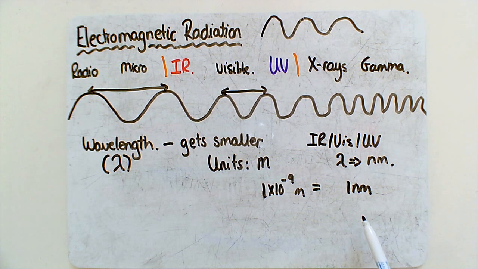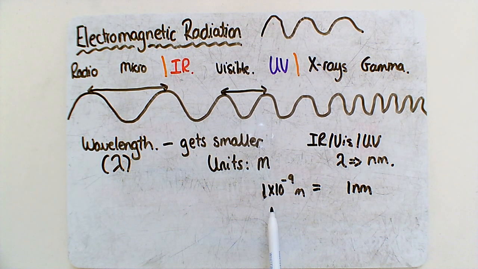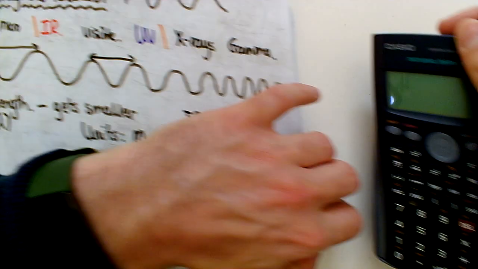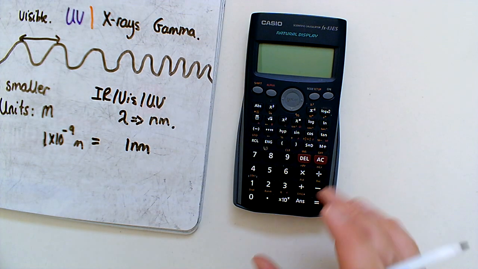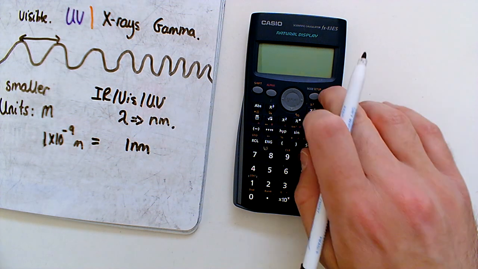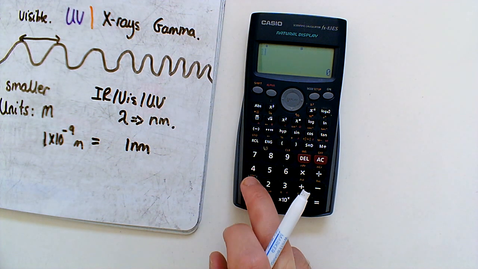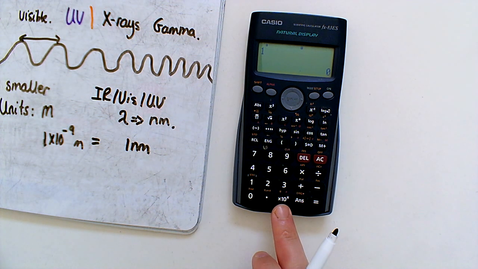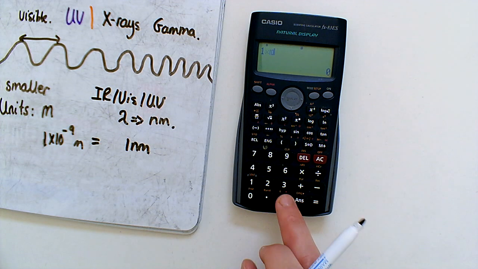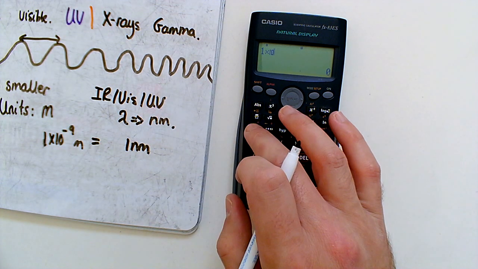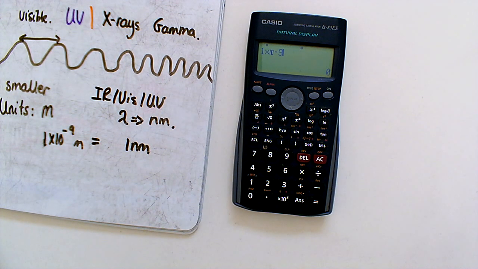So if you're ever given a value in nanometers, to convert it into meters, you multiply by 10 to the minus 9. So if you've got a calculator, you'll be using the times 10 to the x button. So on my calculator here, if I'm wanting to put in 1 times 10 to the minus 9, I would put in 1, and then I've got this times 10 to the x, and then click the minus button, 9.